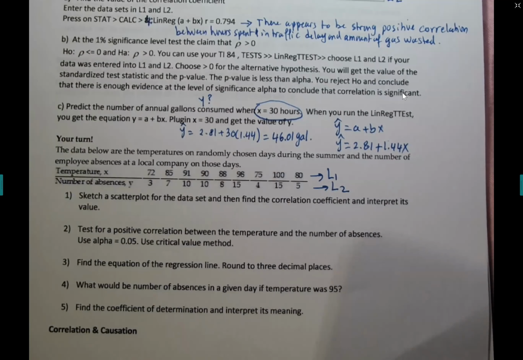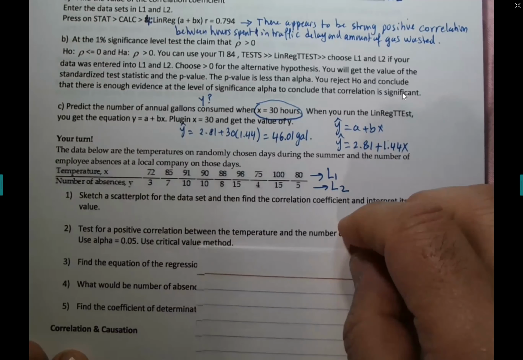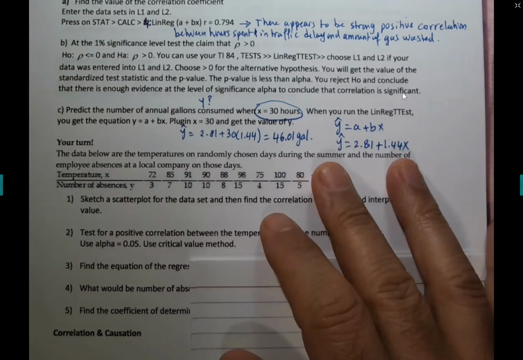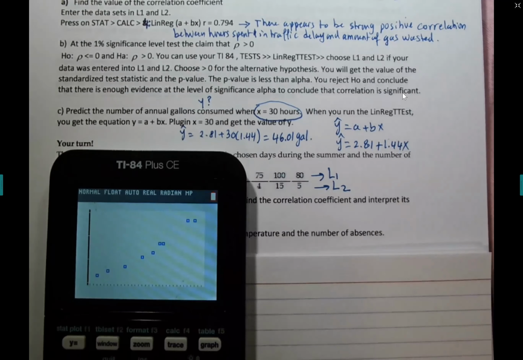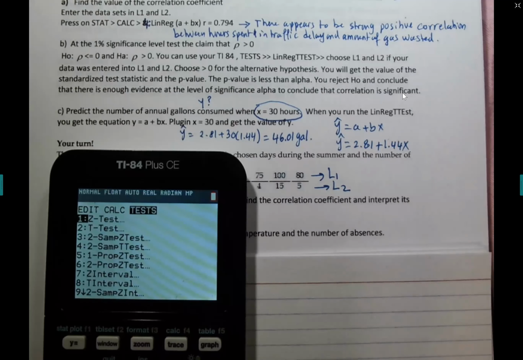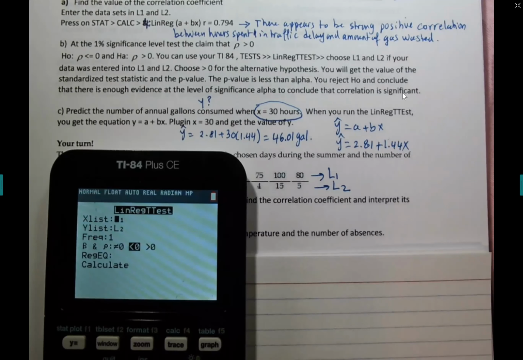Number 2, test for a positive correlation between the temperature and the number of absences. Use alpha 0.05. Okay, we're going to do a linear regression t-test, guys, here. Let's do it. I'm going to go to stat, tests, scroll up, and it's a linear regression t-test. L1, L2. All you need is to select the appropriate alternative hypothesis, greater than 0, and that's going to give you everything you need.